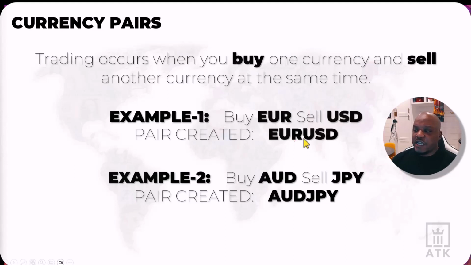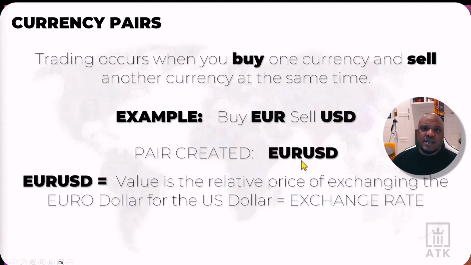So the next example is, let's say that you have the Australian dollar, or the Aussie dollar, and you want to exchange that for the Japanese yen. That would create another pair. It would be called AUD-JPY. You have $1 of AUD, and you're exchanging that for and receiving Japanese yen. And so that's AUD-JPY, which we call AJ.